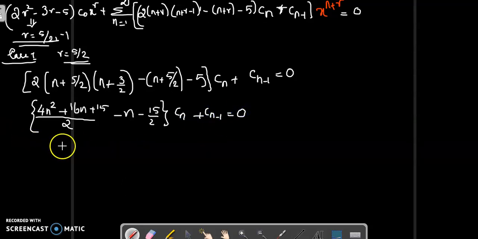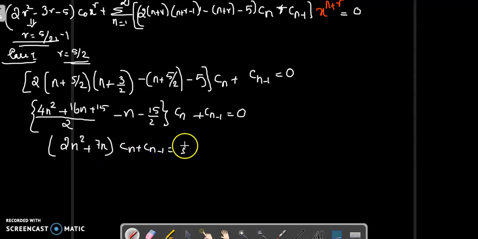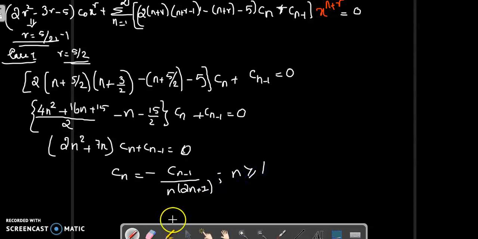Again simplifying, the next step gives (2n² + 7n) Cₙ + Cₙ₋₁ = 0. Now I get my formula for Cₙ as Cₙ = −Cₙ₋₁ / (n(2n + 7)), where n is greater than or equal to 1.